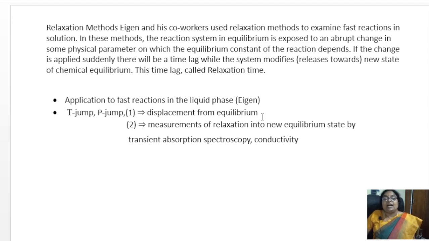By applying this physical parameter there is a sudden change, and the reaction moves from the previous equilibrium to a new equilibrium state. The relaxation into the new state can be measured by transient absorption spectroscopy and also by the conductivity method. So the rate of the reaction can be measured by absorption spectroscopy or conductivity.